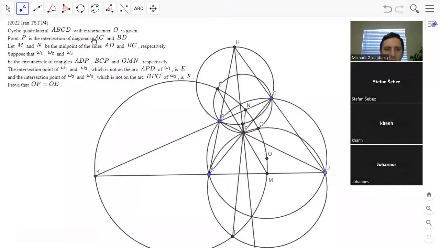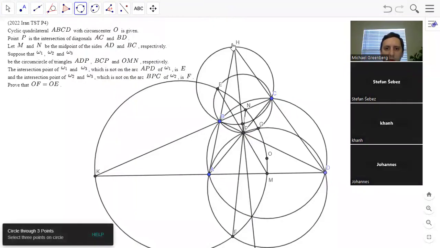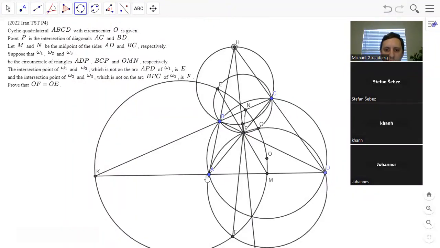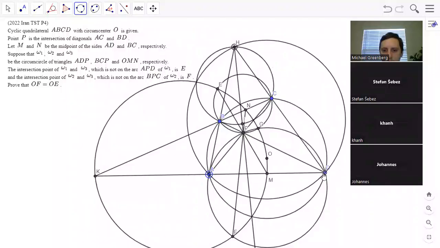So like those two Miquel circles. And you want to show that OI is equal to OJ. Interesting. So it becomes a much simpler problem.